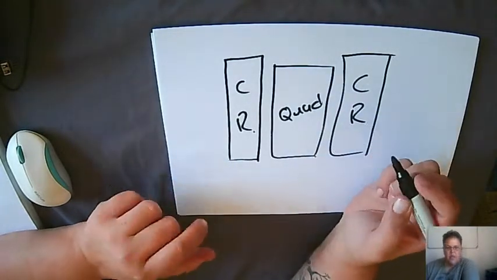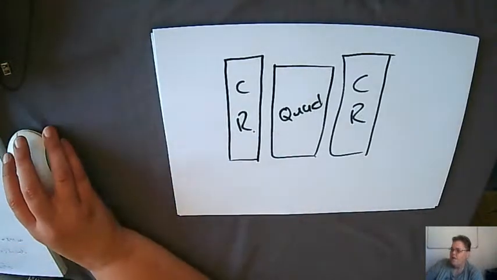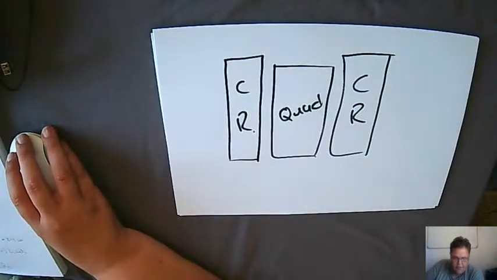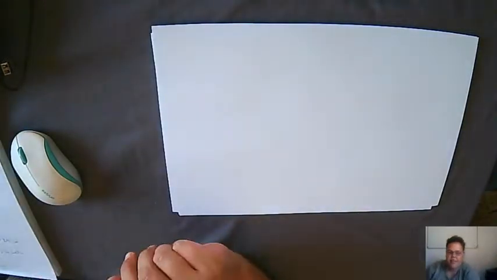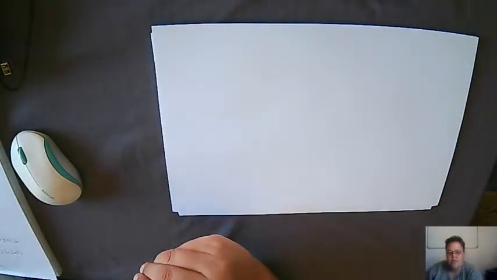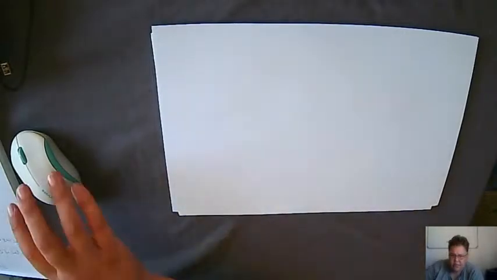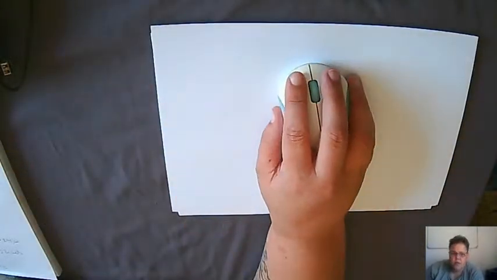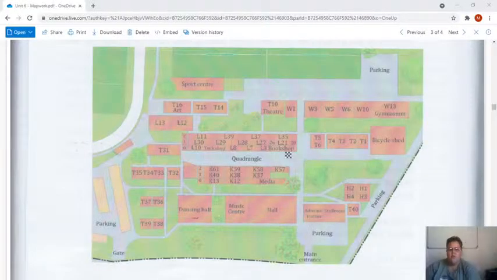The quad is an abbreviation or a shortened word for quadrangle. I hope you understand that, Whitney. All schools have a quad. It is normally a paved area where there's assembly, or there's gatherings, inspections, all those type of things. Okay, so I'm going to put that one back on.